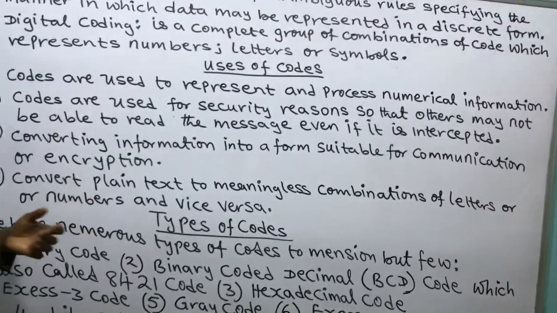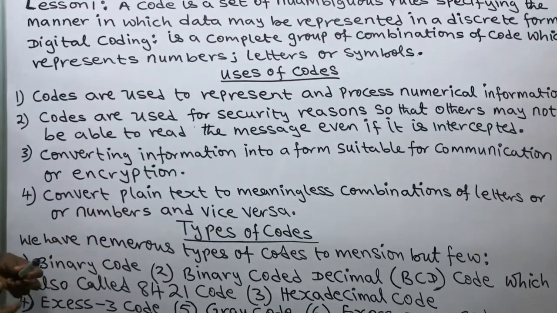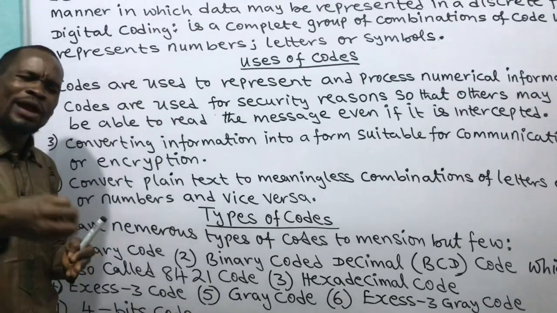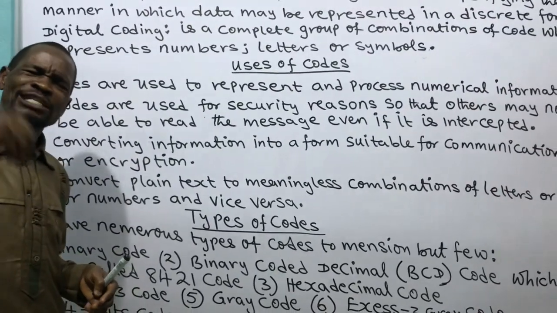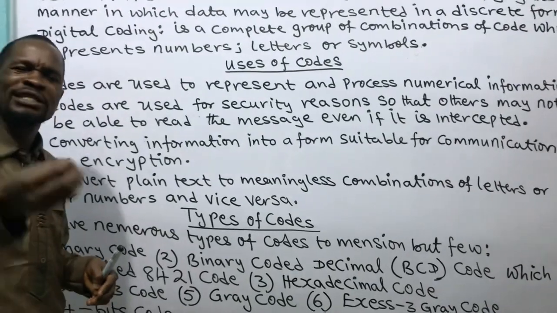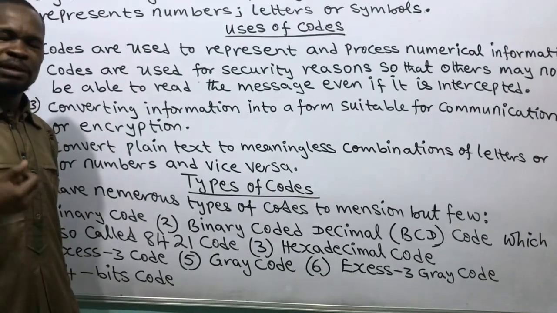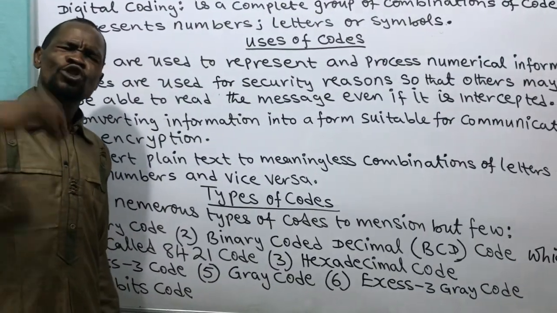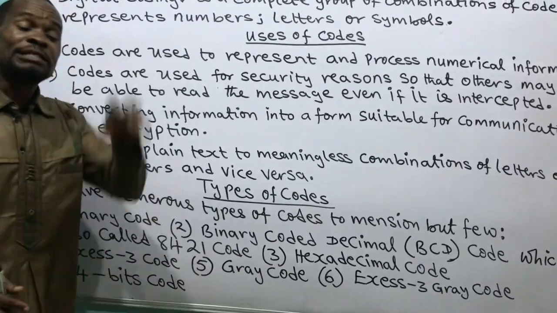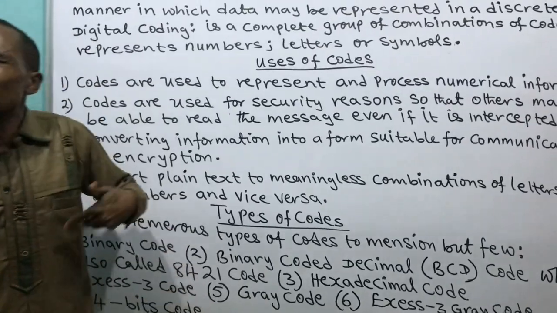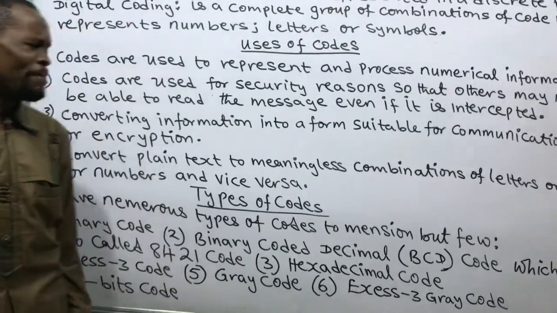When I was in school, we normally used shorthand to communicate. When I use shorthand to write something, only a person who knows shorthand can interpret the message I have passed. But if you don't understand shorthand, this message will remain with you and you will not know what it is all about. That's what it means.